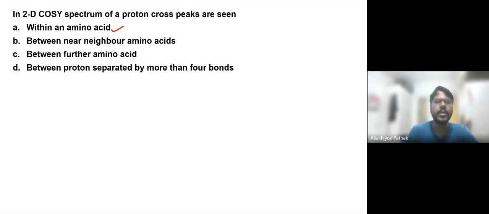So we will only see cross peaks within an amino acid and not between near neighbor amino acids. Further amino acids also we will not obtain. So this information is actually given by TOCSY. Between protons separated by more than 4 bonds, this information also cannot be provided by the 2D COSY experiment.